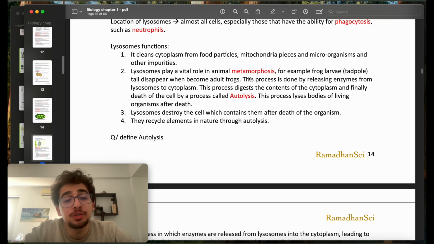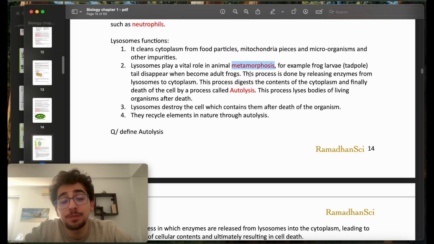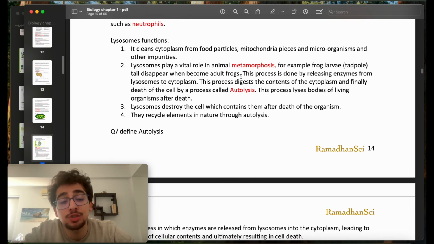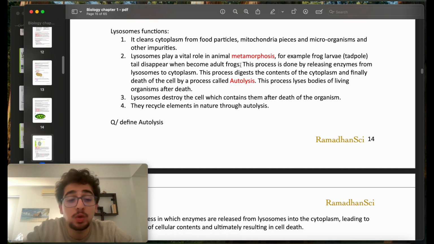One more thing I want to mention is the metamorphosis. You can have the metamorphosis as a definition question, or who's responsible for each of the following, and they will tell you metamorphosis. Metamorphosis is basically when the animal changes shape from one phase to another. For example, in the frog larvae, the tail disappears when they become adult frogs. This is also a possible question.